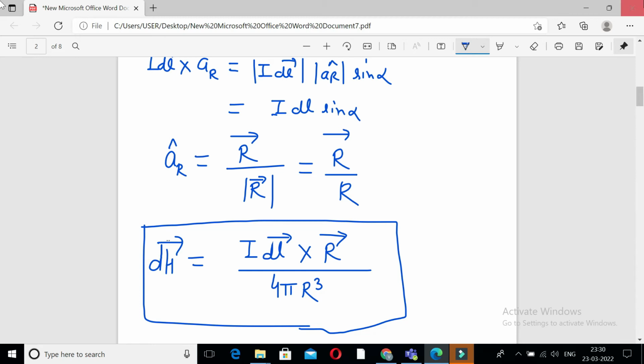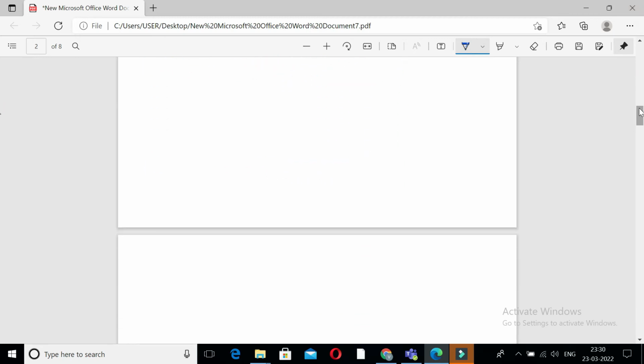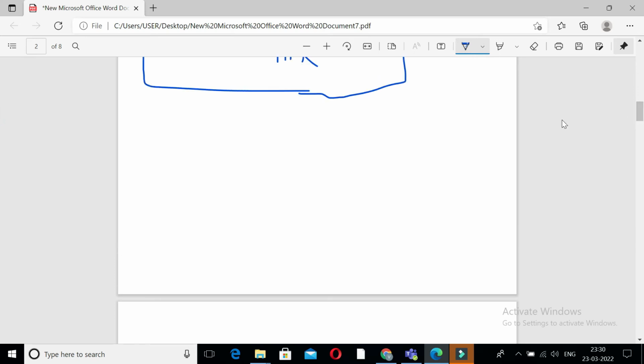Now for line current, it is very important. For line current, I am taking I dl. For surface current, I will take K vector ds, because ds is not a vector quantity. The unit normal vector is a different thing, but area is not a vector quantity.